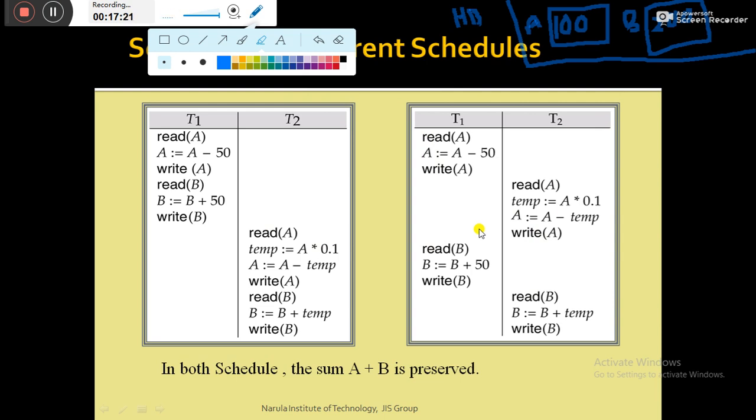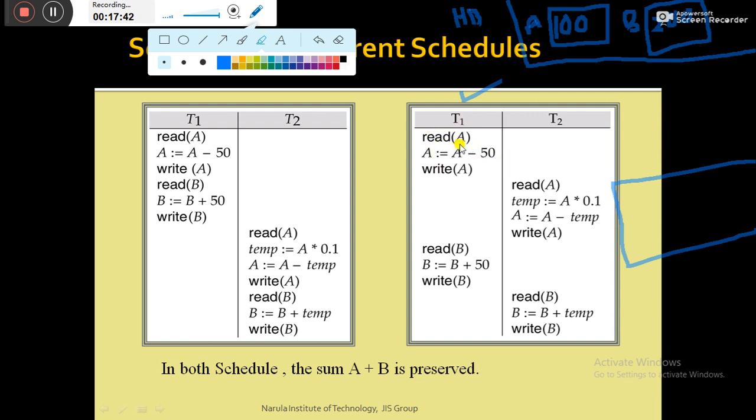Let's check. Again, dotted diagram means dry run. This is the hard disk. The initial value of A and B is 100 and 200 respectively, and now we are considering this concurrent schedule. Let's draw the RAM. First the CPU starts executing transaction T1.